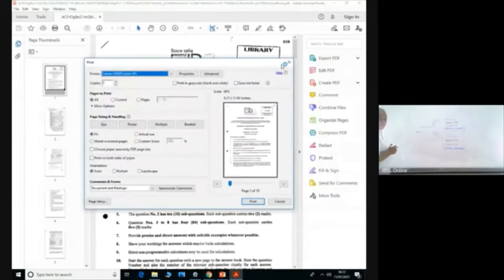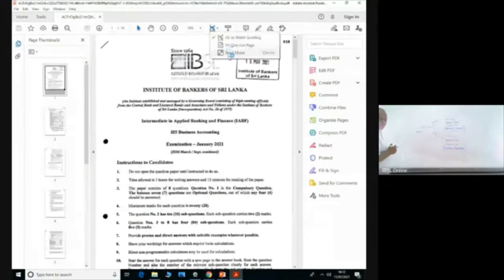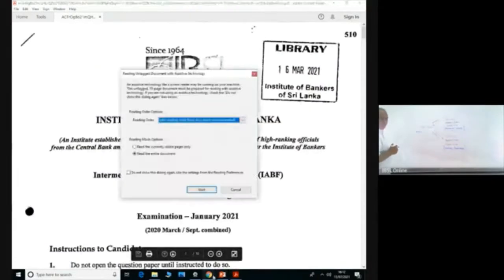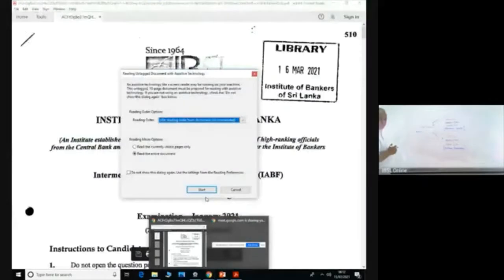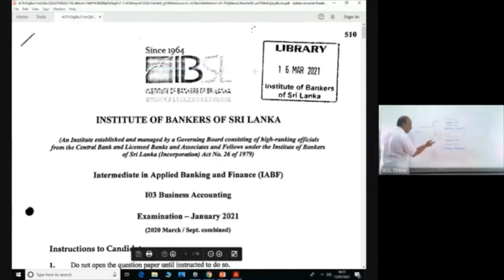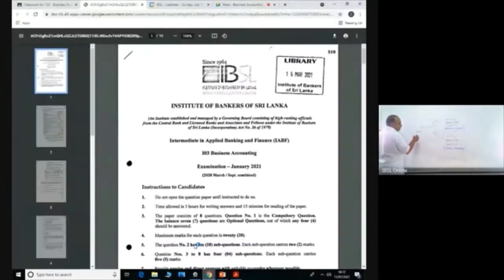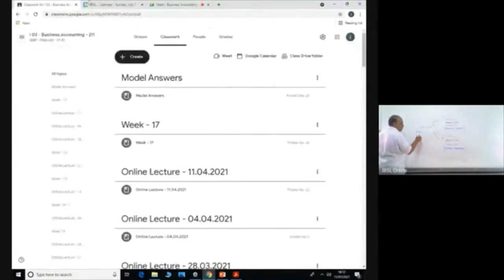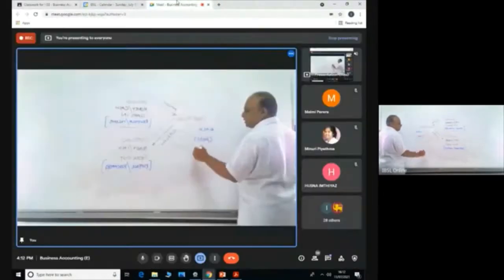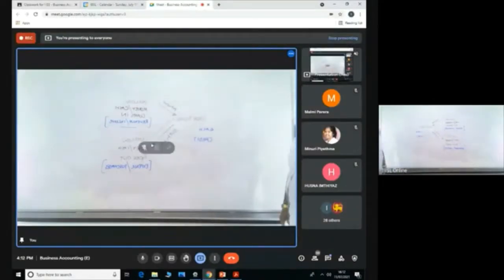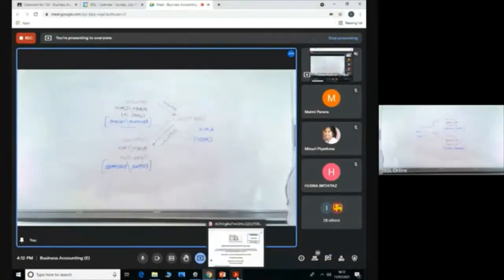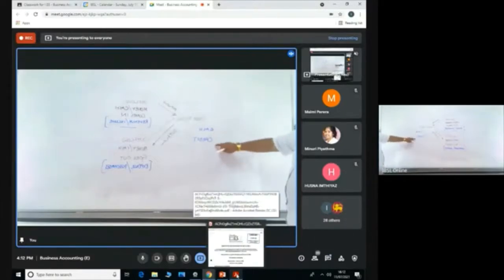What is the other mechanism by which you can sell goods? You can sell goods for cash, or you can sell goods for credit. Isn't it?